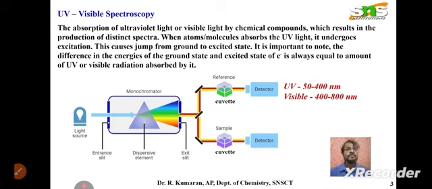This causes a jump from the ground to the excited state, meaning of electrons. It is very important to note that the difference in the energies of the ground state and excited state of the electrons is always equal to the amount of radiation energy absorbed, UV or visible.